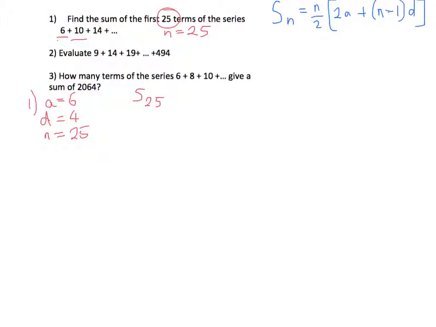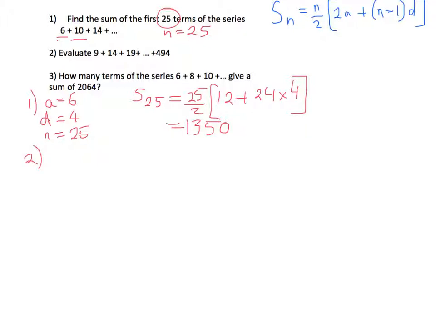So substituting into that formula, the sum of 25 is equal to 25 on 2, 2 times a, so that's 12, plus n minus 1, which is 24, times d, which is 4. Okay, so just a simple substitution into the formula. So that's why it's really important that you memorise this formula. And then you get the sum of 25 terms is 1,350.